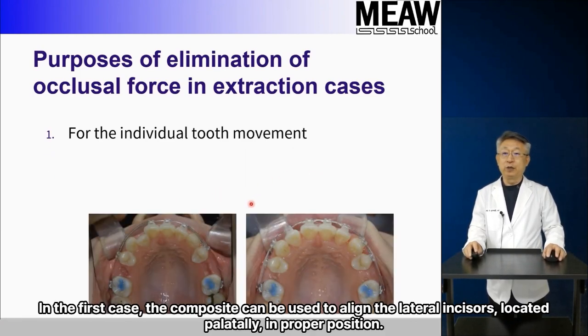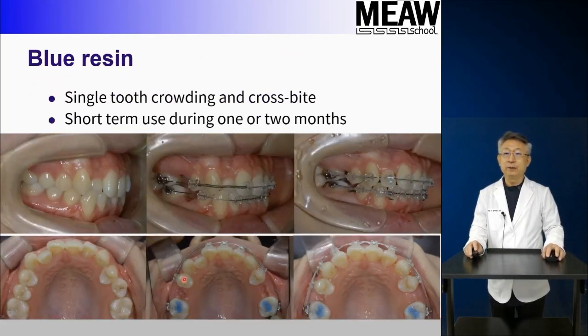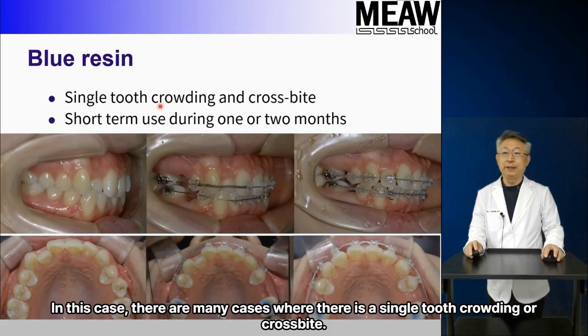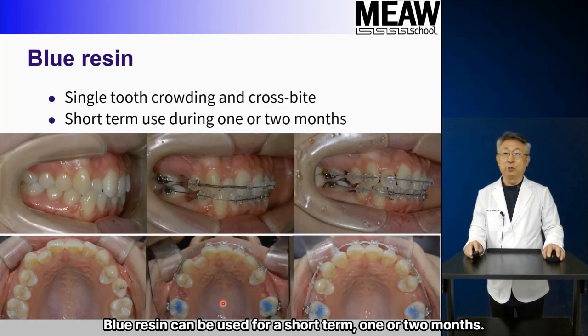In the first case, the composite can be used to align the lateral incisors, located palatally, in proper position. In this case, there are many cases where there is a single tooth crowding or crossbite. Blue resin can be used for a short term, 1 or 2 months.